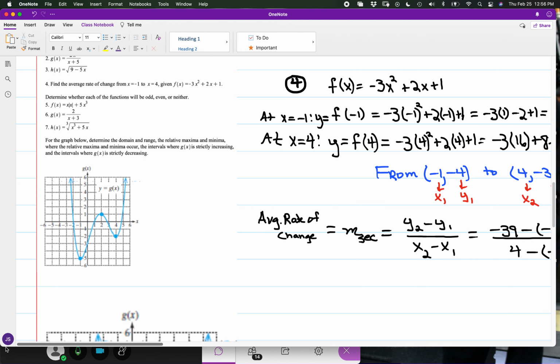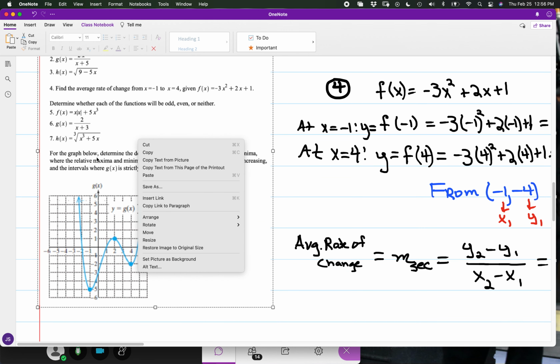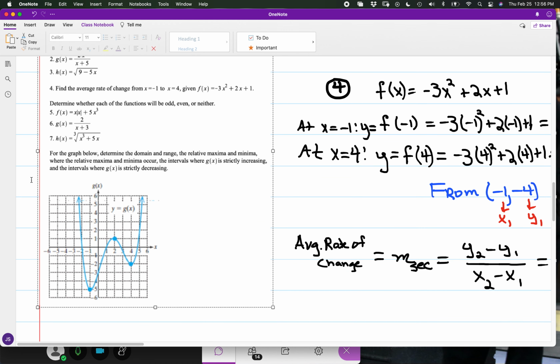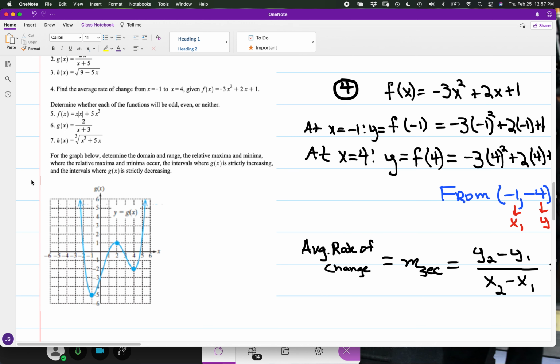You're looking at whether the following functions are going to be odd, even, or neither. For the first function, we have f of x is equal to x times the absolute value of x plus 5x cubed.